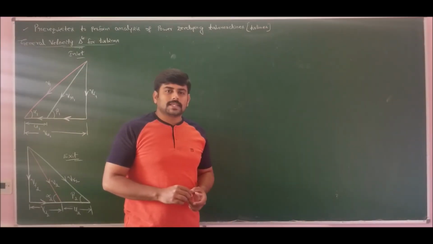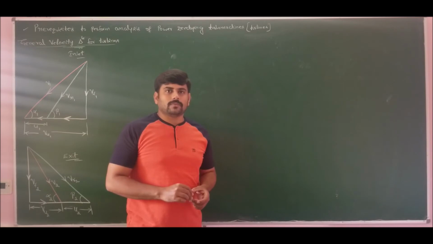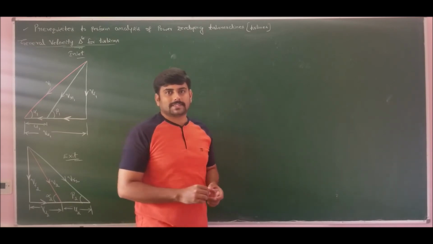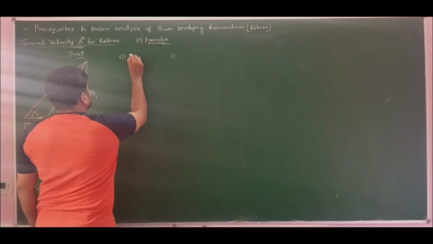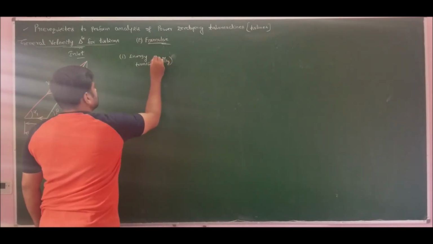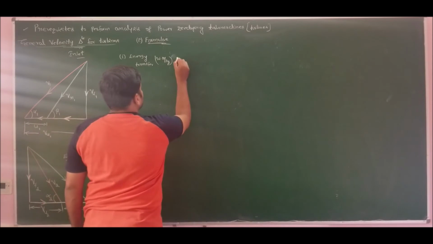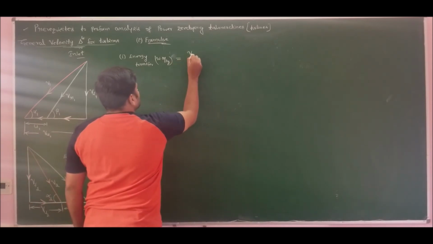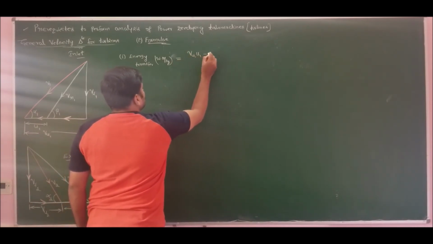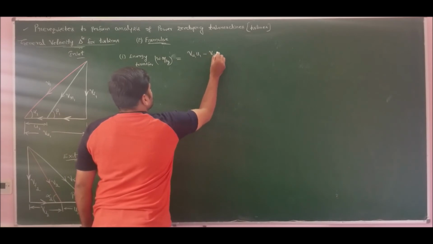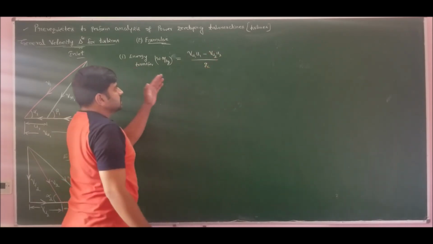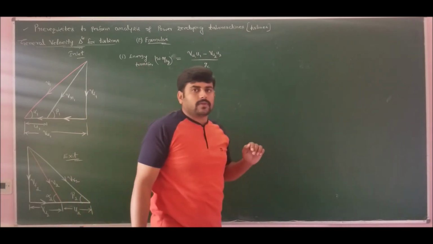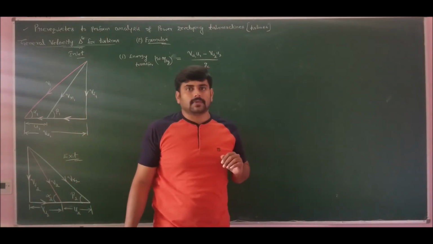Now let us discuss the important formulas which are required to perform analysis of turbines. Coming to formulas, energy transfer or work done per kg is given by Vu1 U1 minus Vu2 U2 by gc, which is the general expression we have obtained from Euler's equation for energy transfer.